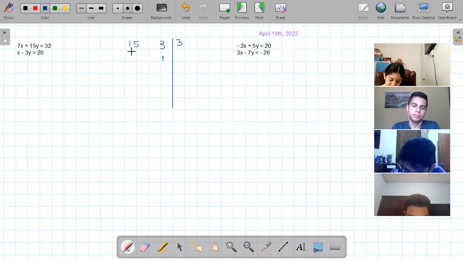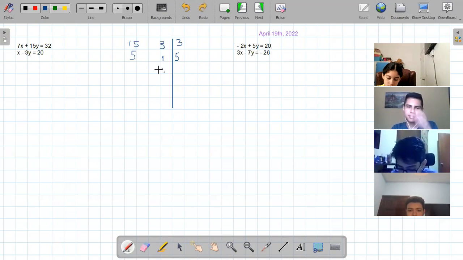Josue gave me the answer, so yes, Josue, very good. What would be the next number that I need to use to divide so I can make both numbers a 1? 5. Okay, this is already 1. And 5 divided by 5 will be 1.